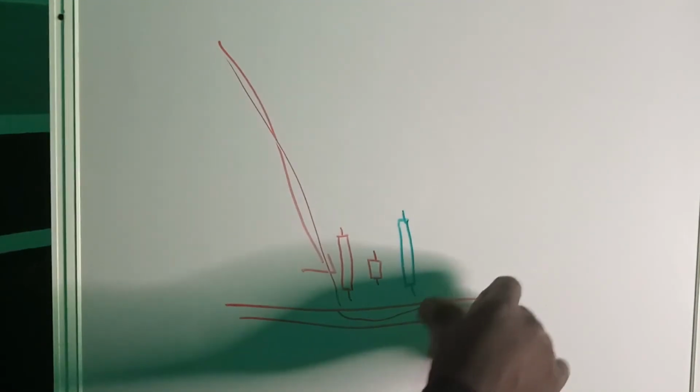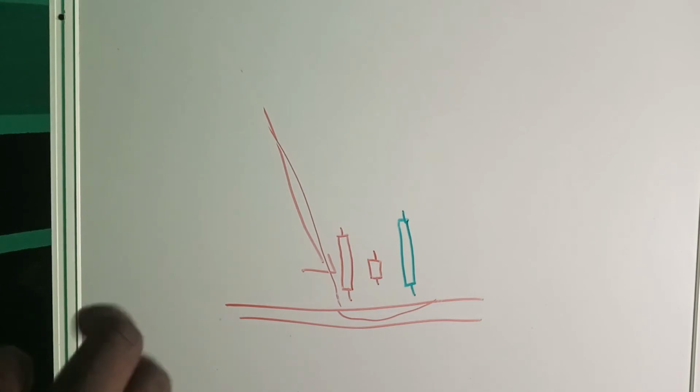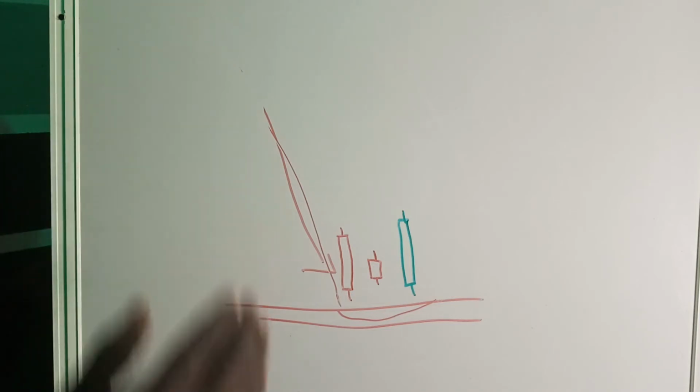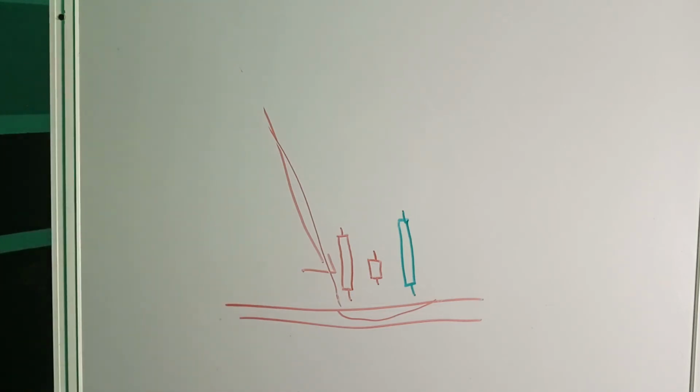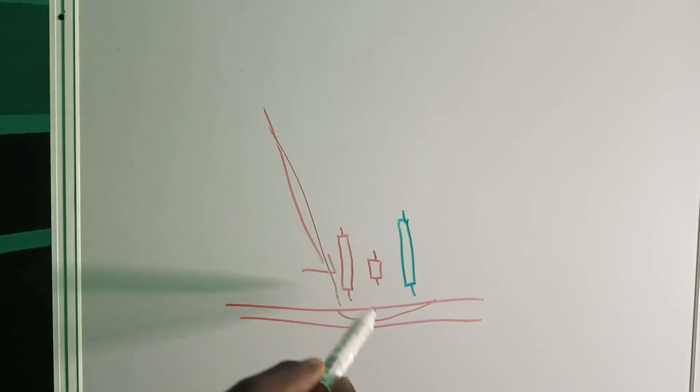Now this is a bullish reversal signal, and if these three types of candles form, it's telling us that the trend is about to go bullish. Three candlesticks, the smallest candlestick should be in the middle, and then our evening star is the opposite after a bullish trend.